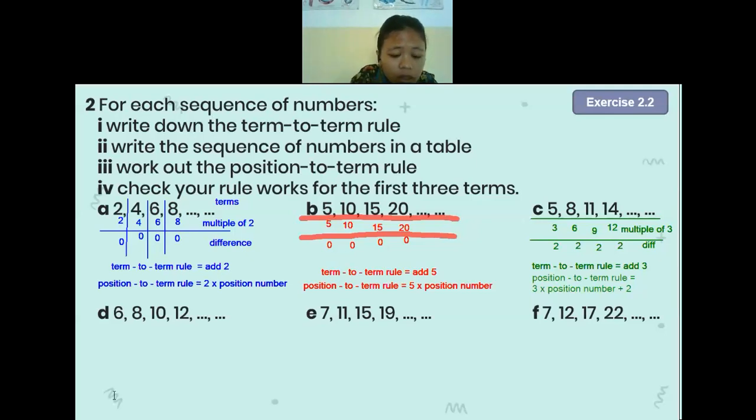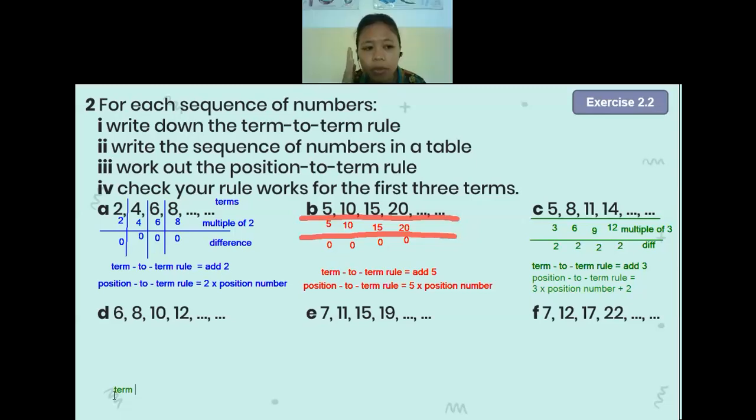For question D, it is plus 3. Oh, sorry, your voice is not audible. Maybe you can type it for me.